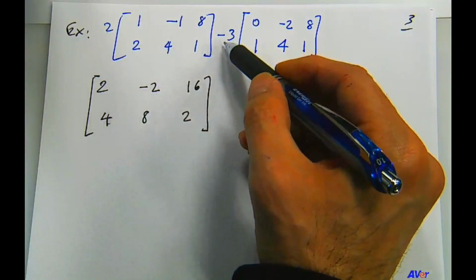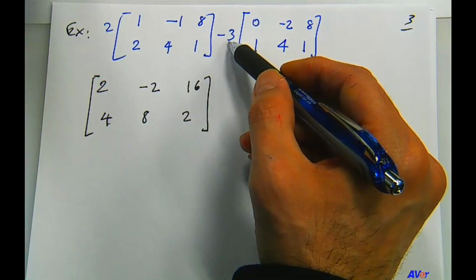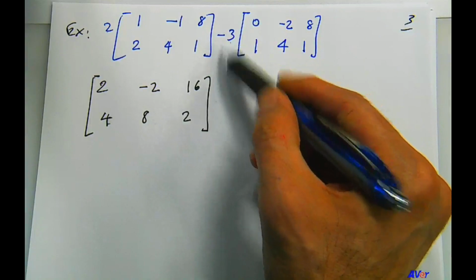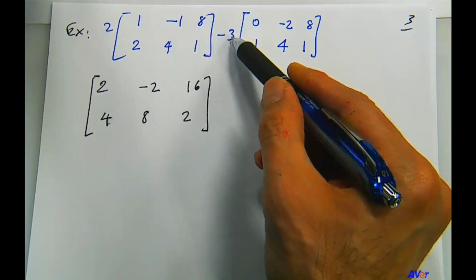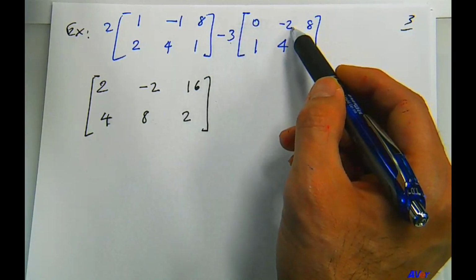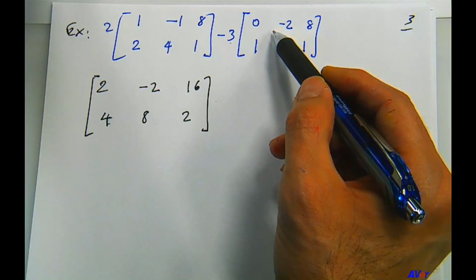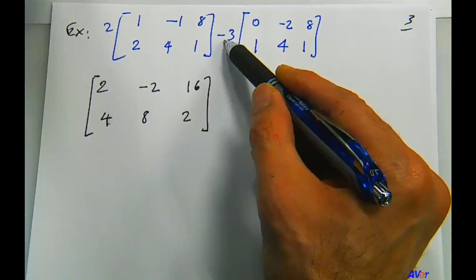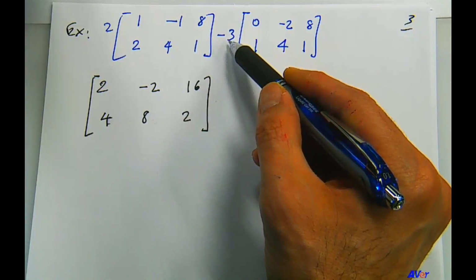Now here, once you get to this, you can either keep the subtraction symbol here and distribute just the 3, or you can multiply the negative 3 and convert this to an addition.